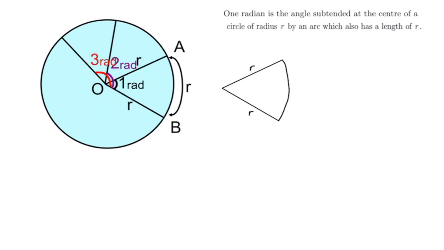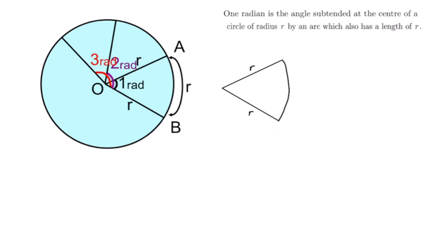So you can see it says at the top there, 1 radian is the angle subtended at the centre of a circle of radius r by an arc, which also has a length of r. So in the diagram, you can see a circle, and that circle has been split into sectors. I've taken out one of the sectors, and you can see that the sector I've got here has 2 radius lengths labelled r, and it has an arc length.